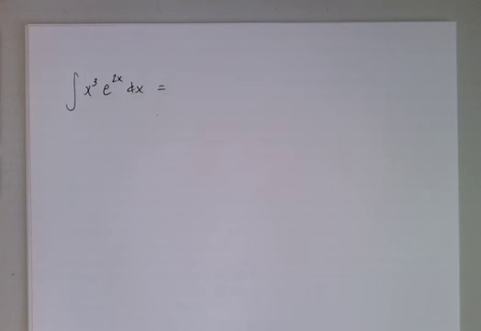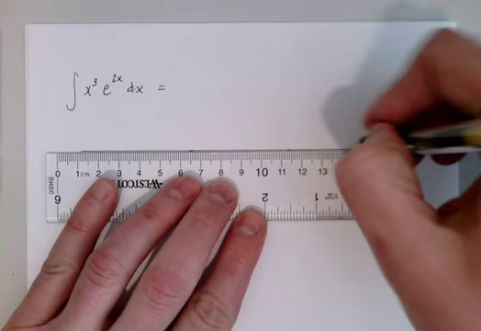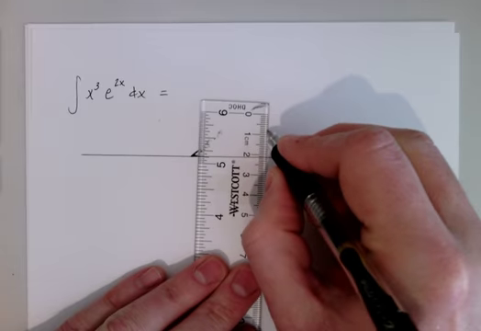Obviously the e to the 2x is not going anywhere. All it's going to do when you differentiate or anti-differentiate it is accumulate coefficients because of that 2x in the exponent. But I do know that x cubed can be gotten rid of, so to speak.